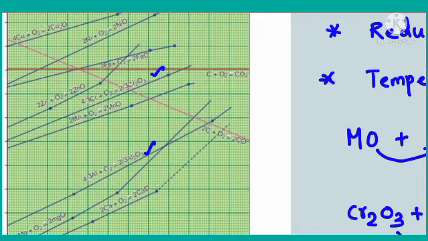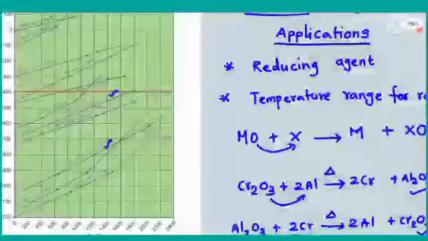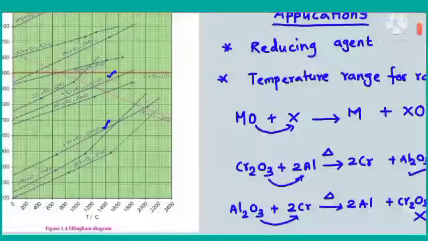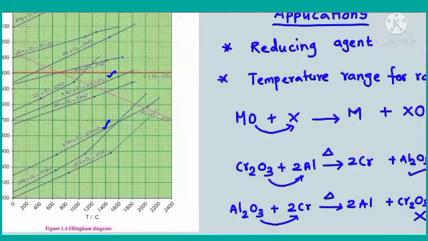When you compare aluminum oxide and chromium oxide, the aluminum oxide formation line is below, which means it has a greater negative delta G naught value. Aluminum oxide is more stable compared with chromium oxide. Therefore, aluminum metal can be used as a reducing agent for reducing chromium oxide into chromium metal, whereas the reverse is not possible. In the sense, we cannot use chromium as a reducing agent for reducing aluminum oxide, or alumina, into aluminum metal.